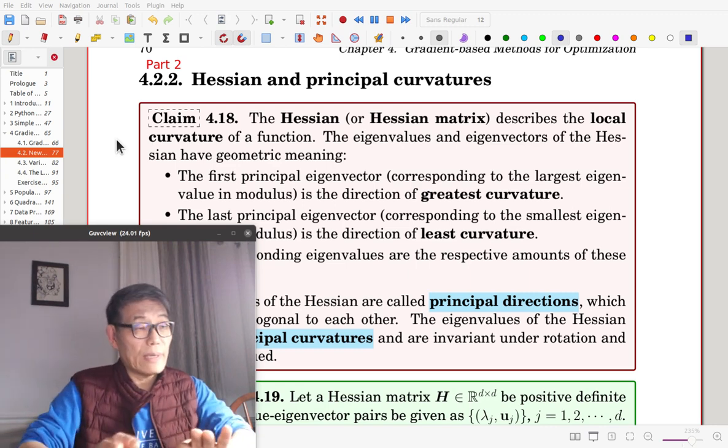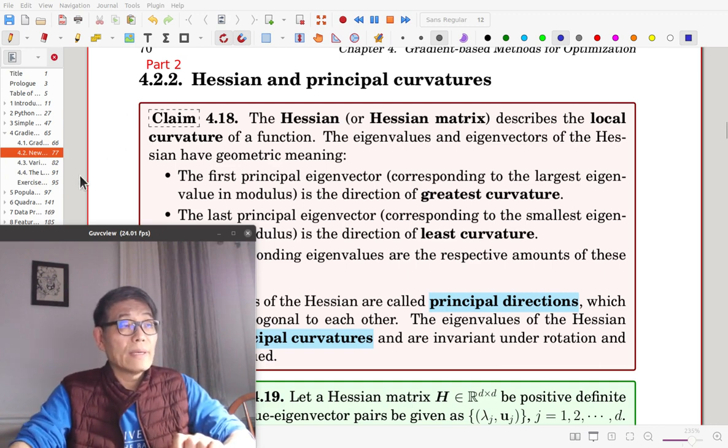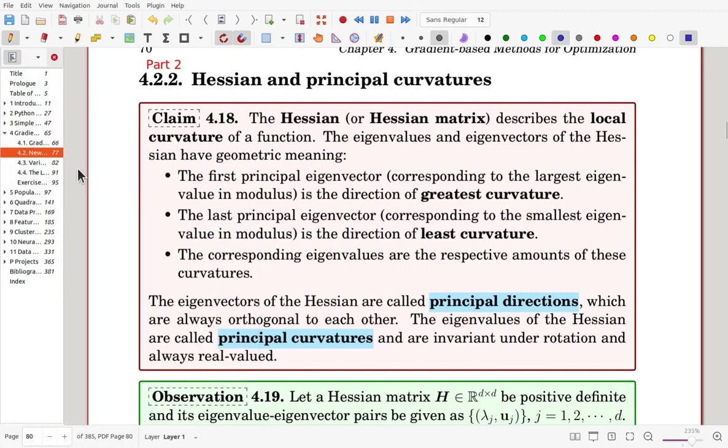In this second part, we'll try to understand the properties of the Hessian and the role of the Hessian in Newton's method. The Hessian describes the local curvature of a function.